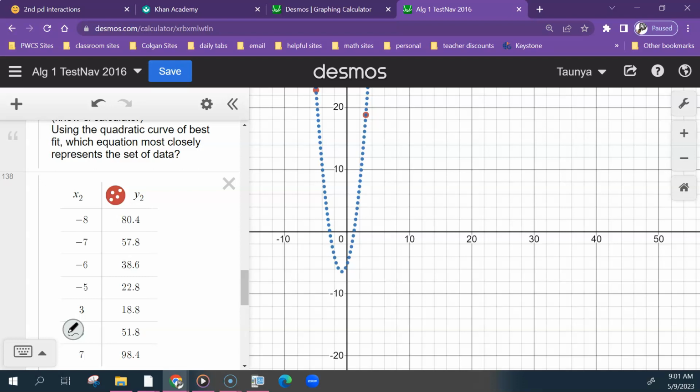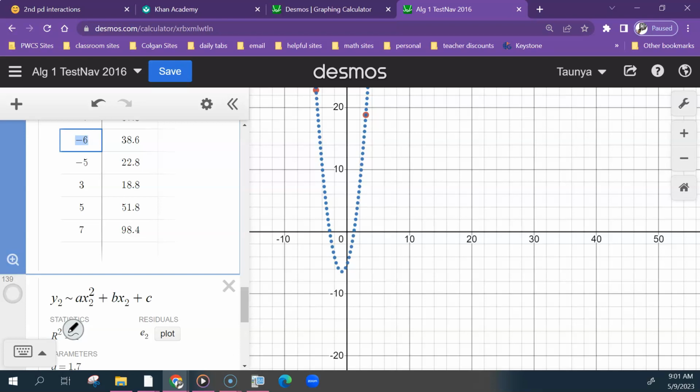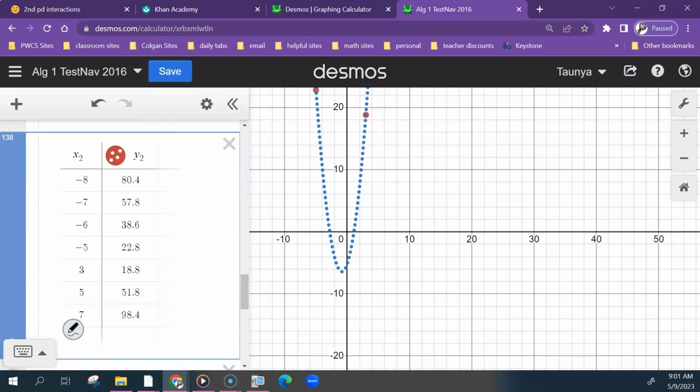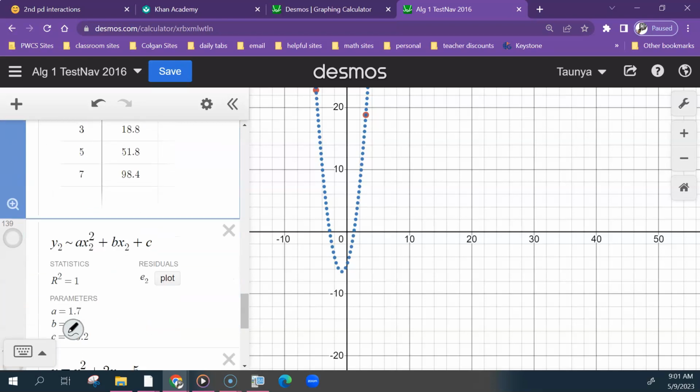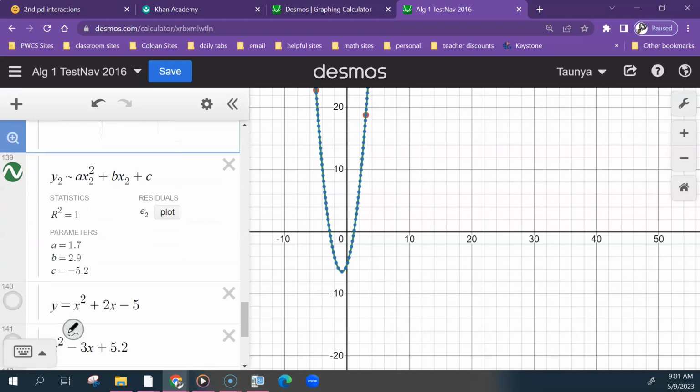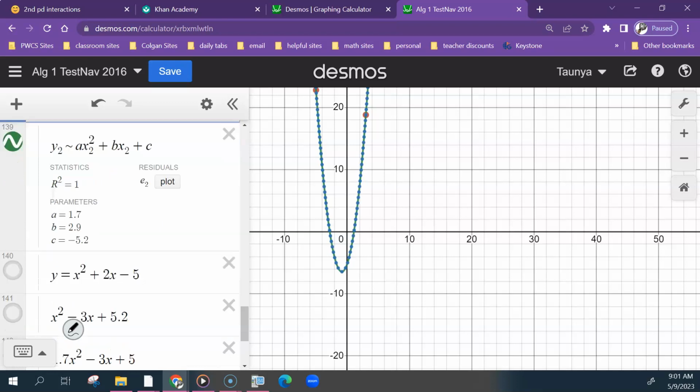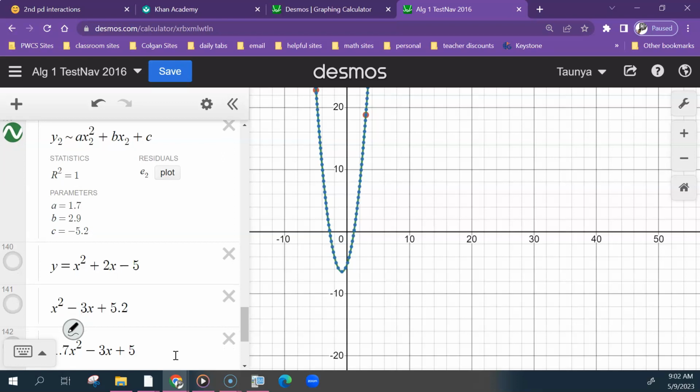So I have to remember my quadratic regression or curve of best fit equation, y equals ax squared plus bx plus c. Mine says 2 because I'm using a second table in this. And when I do that, I see the exact measures 1.7, 2.9, negative 5.2, which was D.